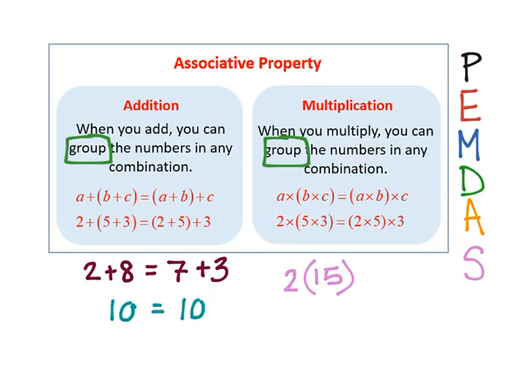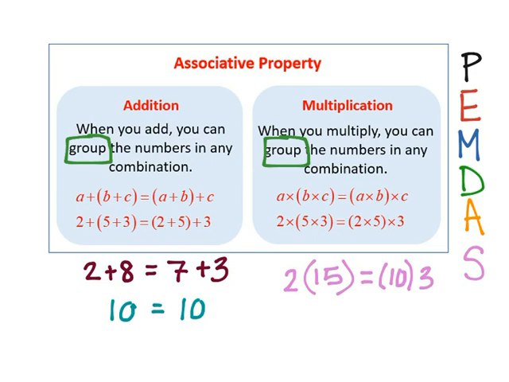Okay, so we've got that on the left, and we need to multiply 2 and 5 together on the right because we do parentheses first. So that gives us 10, and then we also have to multiply that with 3.